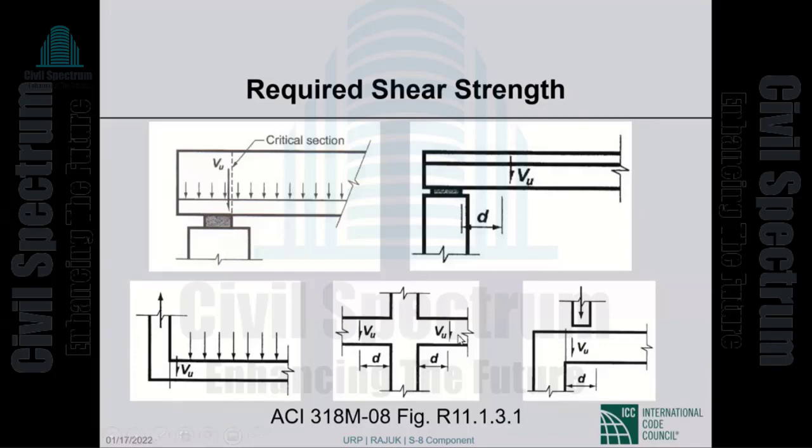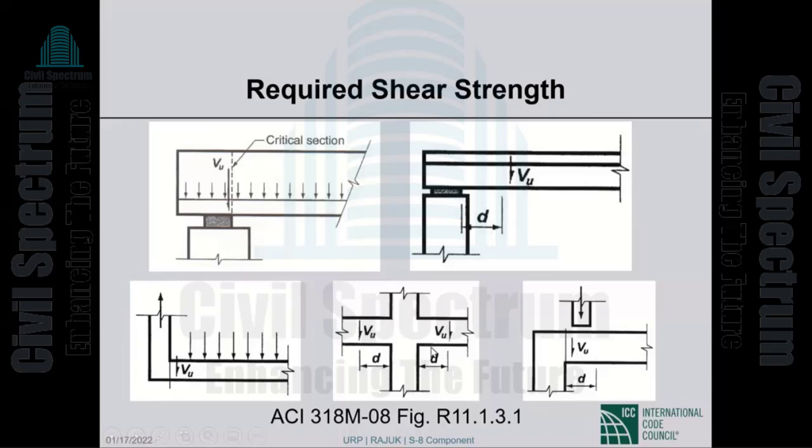This is a normal situation. This is a beam. The loading is at the top, not shown. The support provides compression, and the critical section is 1d away from the support face. Same thing here.